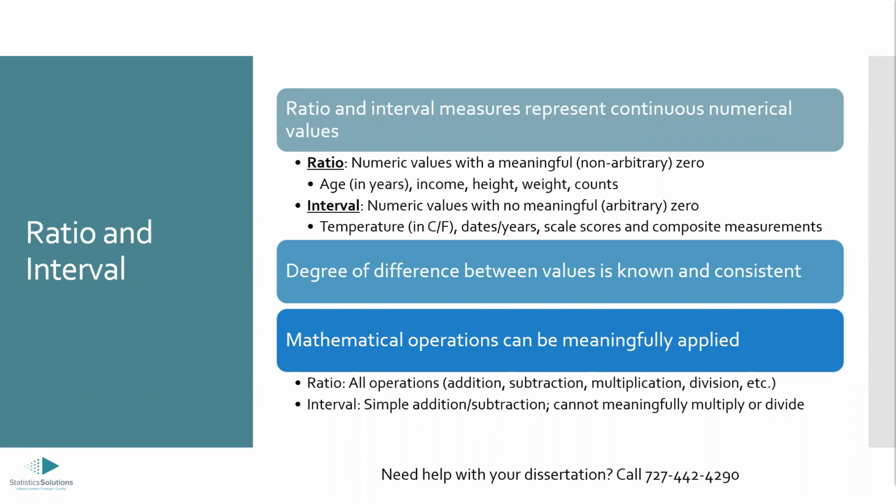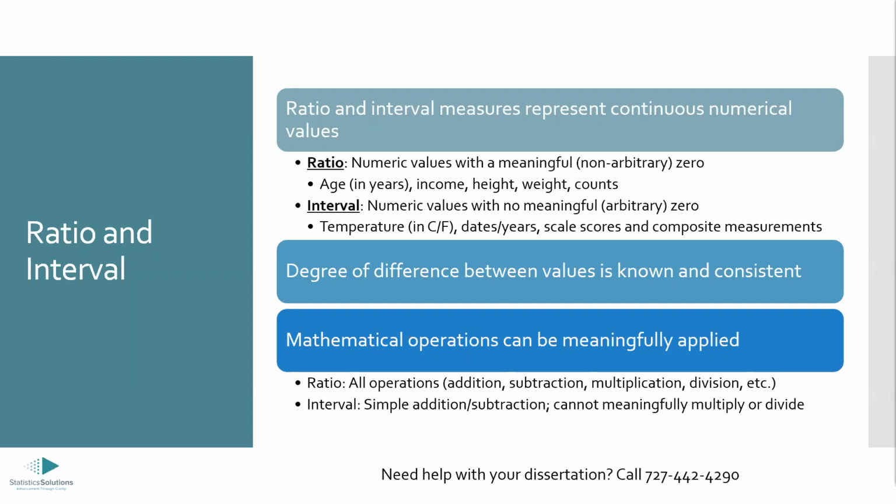There's a fine distinction between ratio and interval, although they are very similar. For ratio data, the numeric values have a non-arbitrary or meaningful 0 point. So for instance, if you take something like income in dollars, $0 means that there is a complete absence of income.